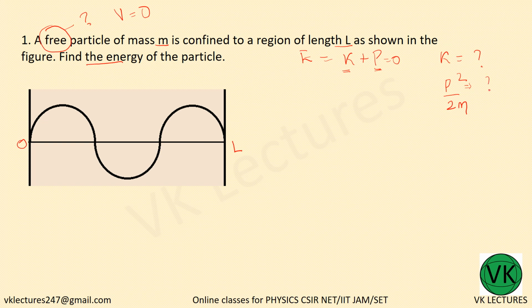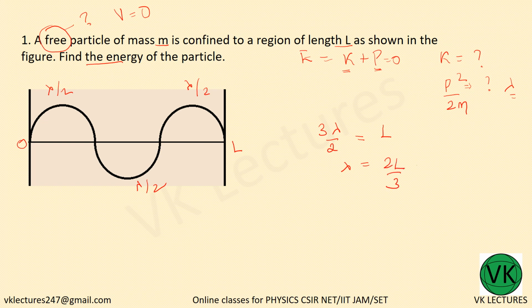It is enough to find lambda, and then we can get the momentum p. This is lambda by 2, again lambda by 2, again lambda by 2. So 3 times lambda by 2 is equal to length L. So lambda is equal to 2L divided by 3.